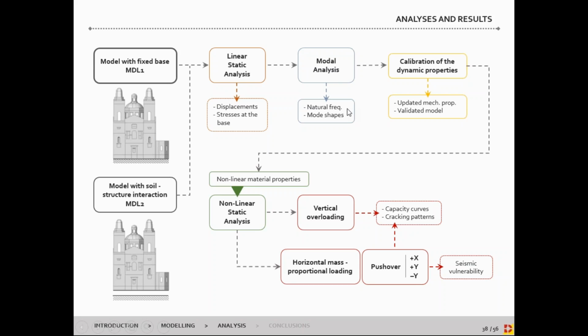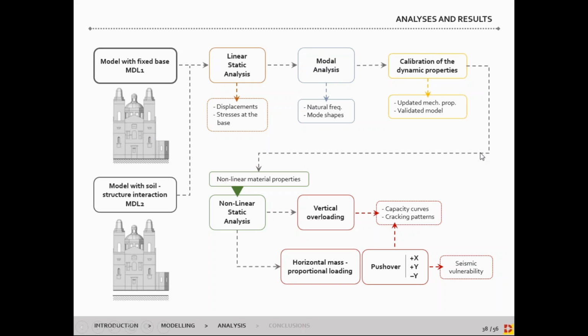In our case, we had from the previous experimental test dynamic properties, dynamic identification tests. So we used the modal analysis in order to check that our model was close to the real behavior of the structure. Doing that, we calibrated the model and we got updated mechanical properties and a model that could be used for later analysis.